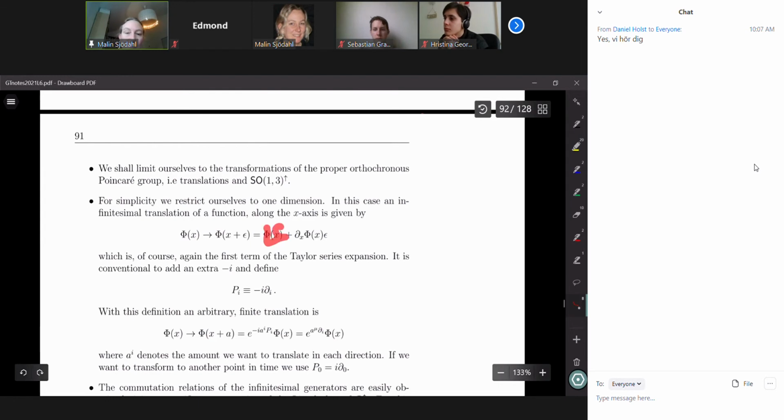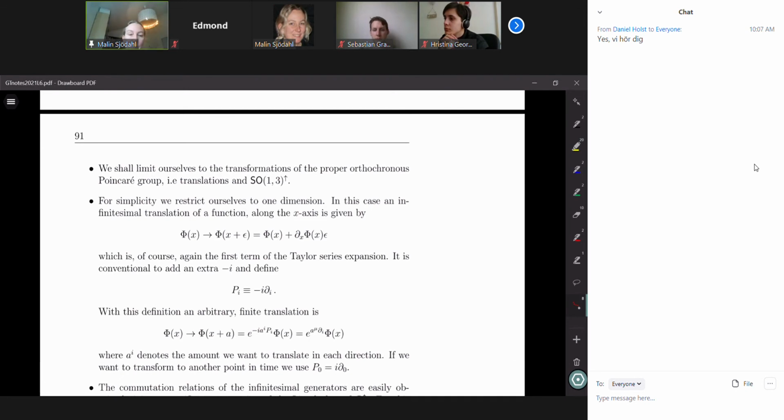Now this is then the original function plus d/dx of the function multiplying epsilon. So this is then an infinitesimal translation, or essentially the first term in a Taylor expansion.